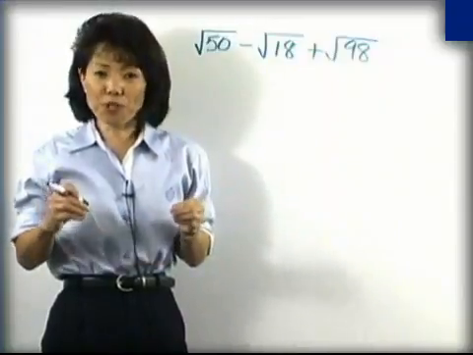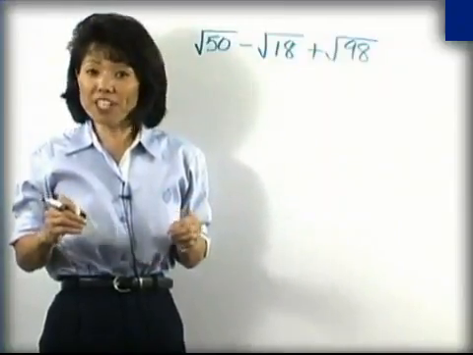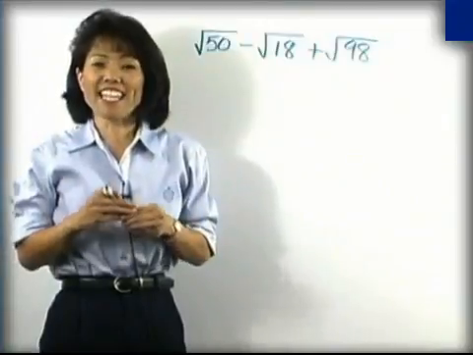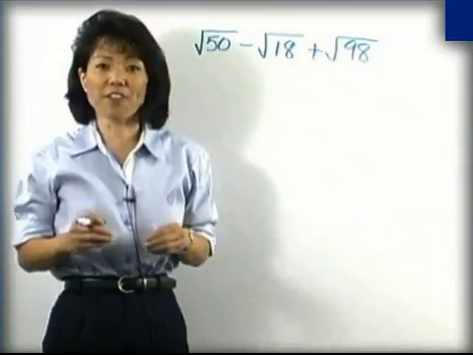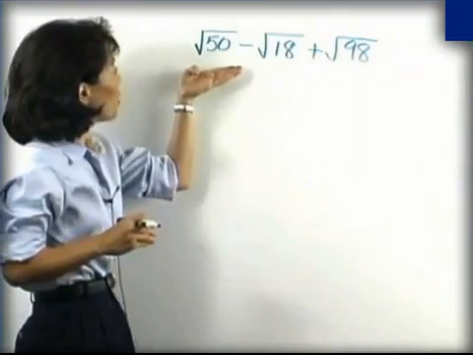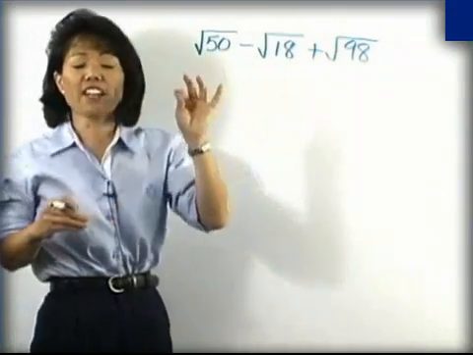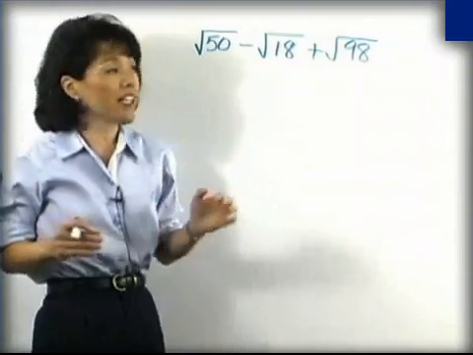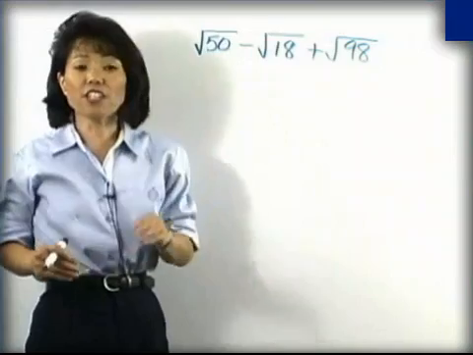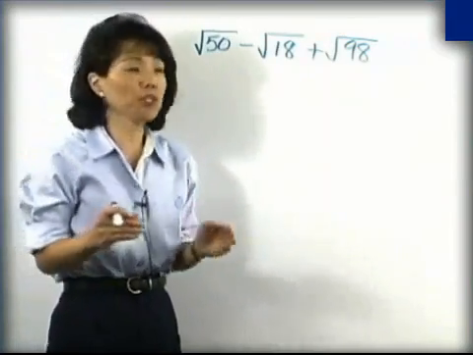Now, the more you work with this, the more you'll be familiar with the perfect squares, and the easier it will become. So don't get too frustrated up here at the beginning. When I see 50, I think of the largest perfect square that's a factor of 50. In my mind, I think 25 times 2.